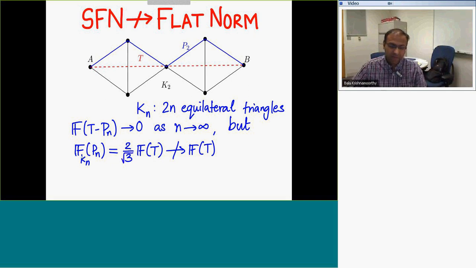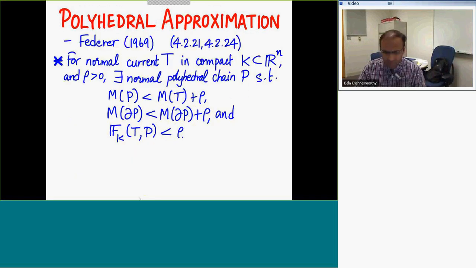The simplicial flat norm F with the simplicial complex K. So we have to use more heavy techniques, some more intelligent techniques. Here are some of the things that we use: polyhedral approximation. Remember, we have the result in a discrete or simplicial setting, and we think about the continuous setting.